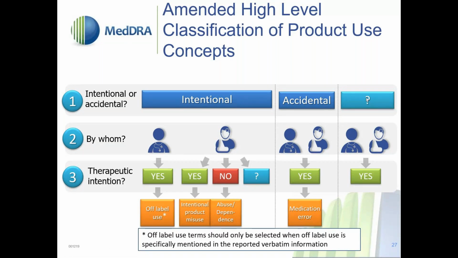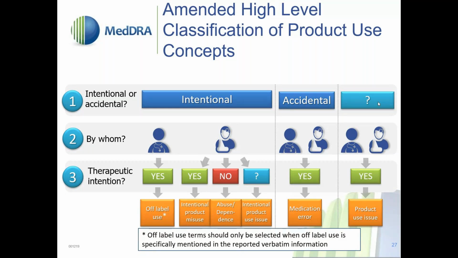If it cannot be clarified whether an intentional deviation from the label by the patient happens for therapeutic reasons or not, the incident should be classified as intentional product use issue. And if it cannot be clarified whether an unapproved product use by an HCP or patient consumer occurred by mistake or intentionally, the incident should be classified as product use issue, a very broad concept.